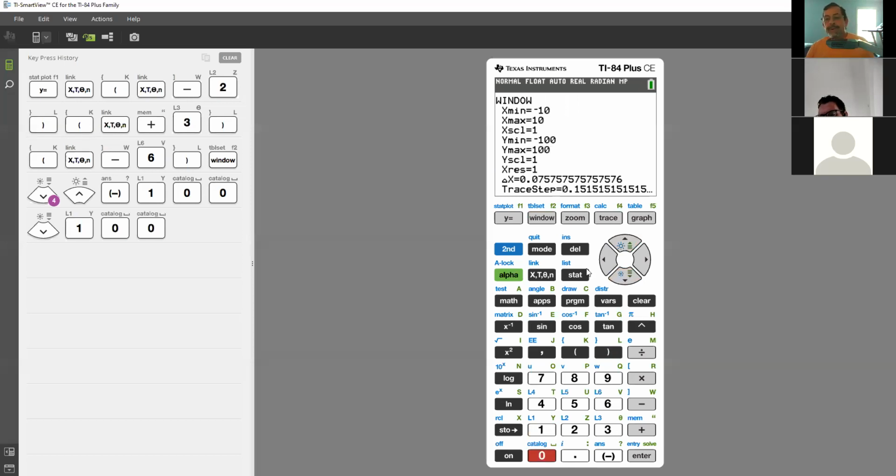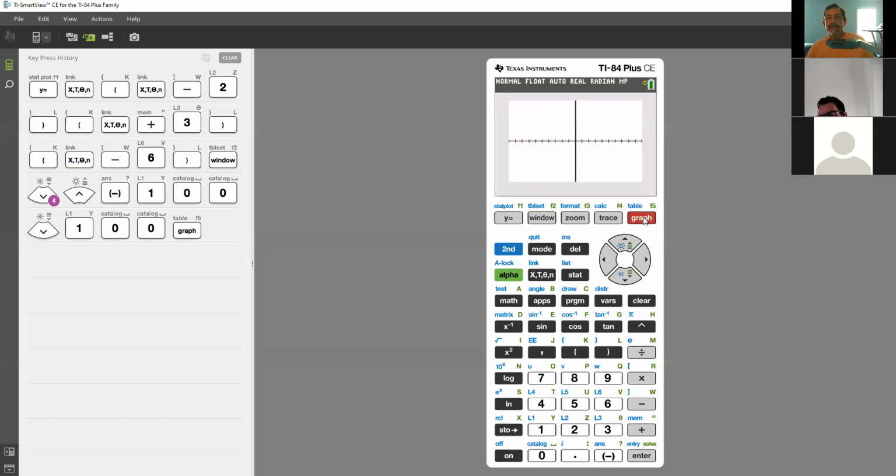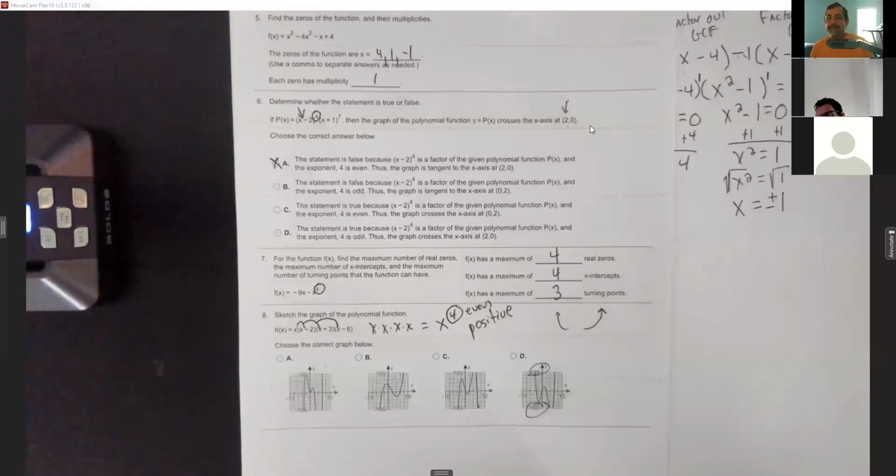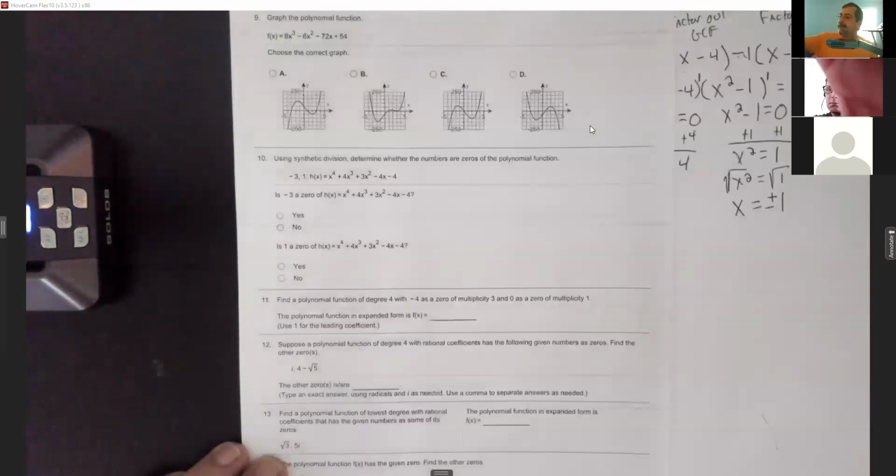When you put your window to match those graphs, when you hit graph, watch this, you'll see exactly what they had on that picture. So there it come down, remember it went up, came back down, and then went back up. Okay, so look at that graph and then look at our picture. And you see that it was, in fact, number D there, okay? All right, so that's number 8.